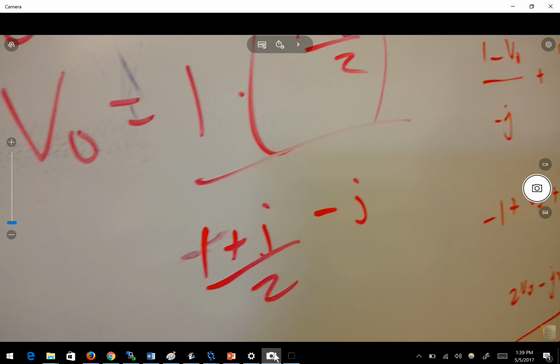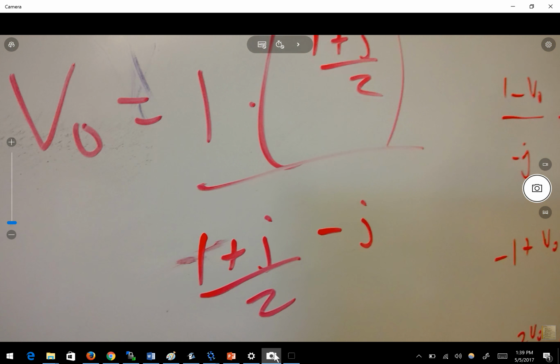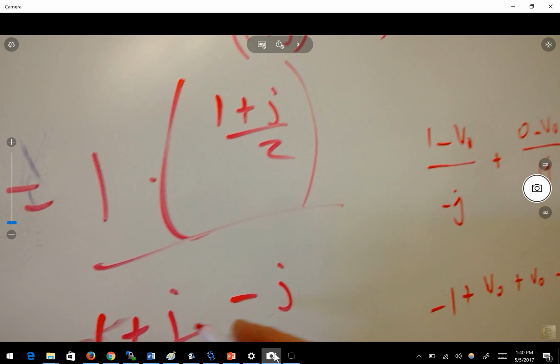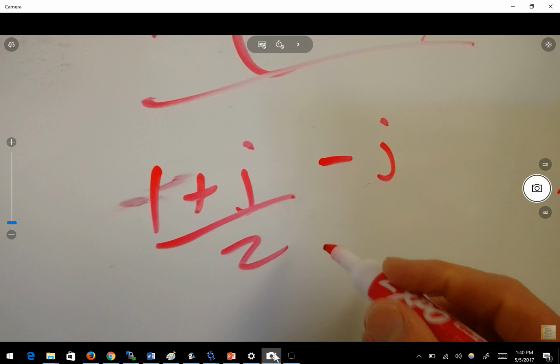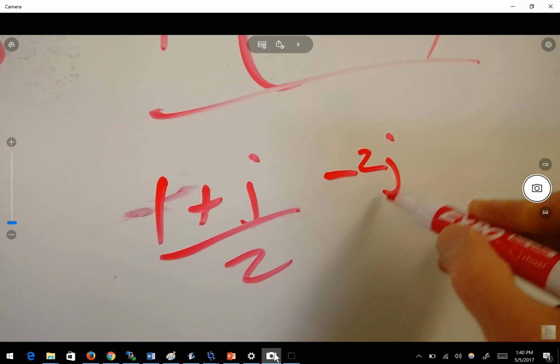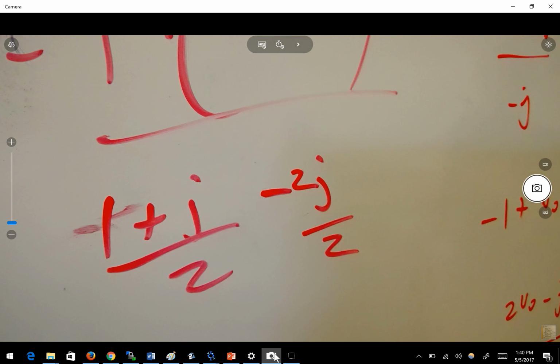So 1 plus J over 2 minus J is minus 2J over 2, which gives 1 minus J over 2.